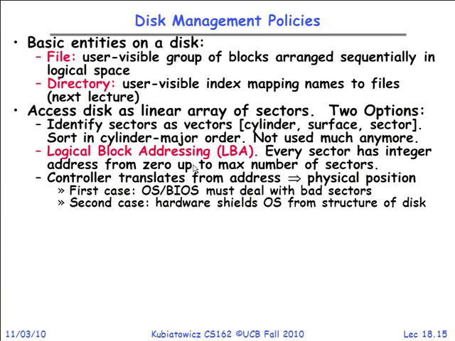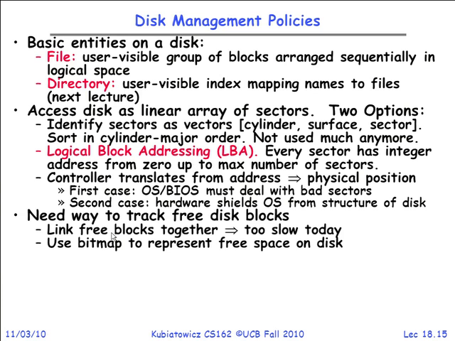Yeah. Okay. So now, obviously, we need a way to track the free disk blocks. One option originally was you link free blocks together. That's a little too slow today. Another option is we could use a bitmap to represent free space on the disk, and people normally do that.